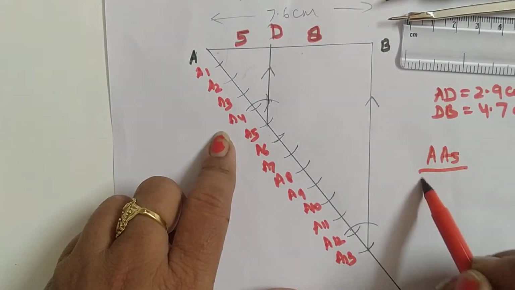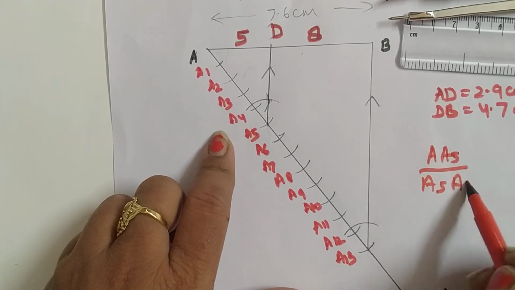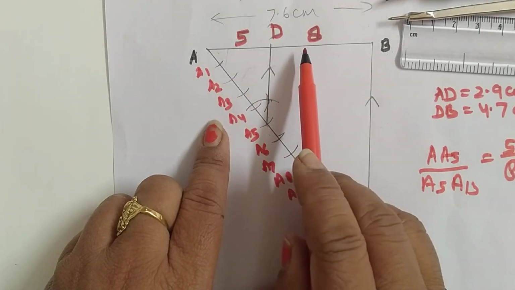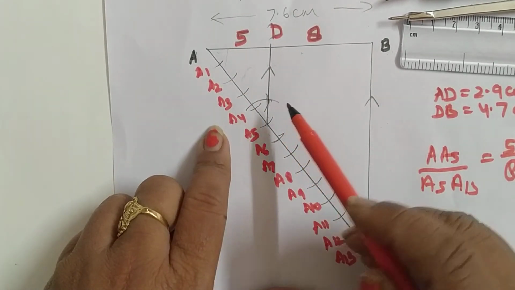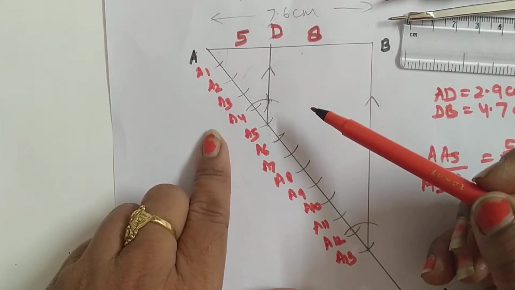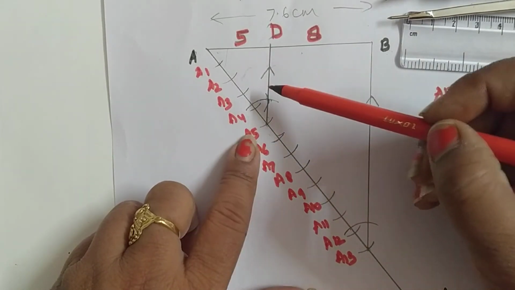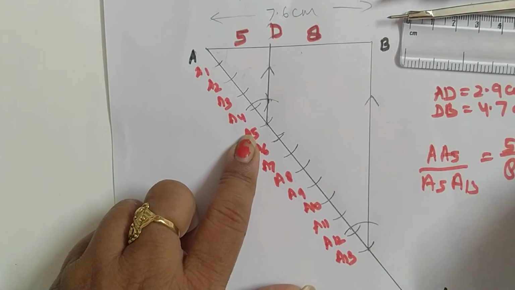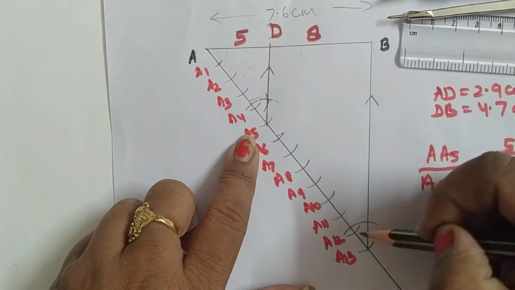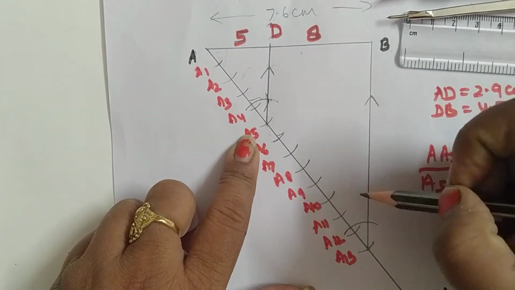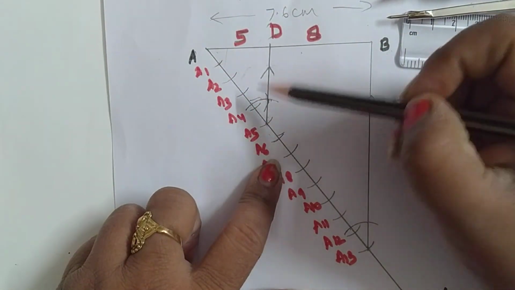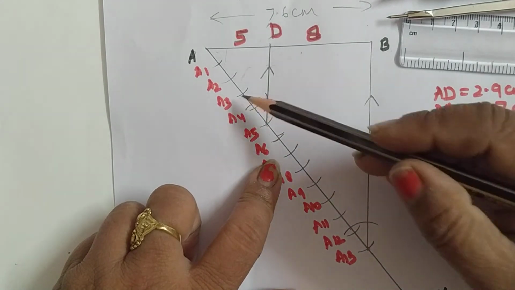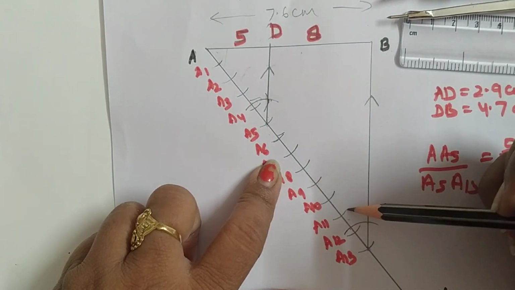Yes, so if we say AA5 upon A5A13 will equal 5/8. Yes, and this will also equal 5/8. If we take the similar triangles, see, this line is parallel to this line, so this angle will also be equal to this angle. If we see triangle AA5D and the bigger triangle, these two angles will behave as corresponding angles.